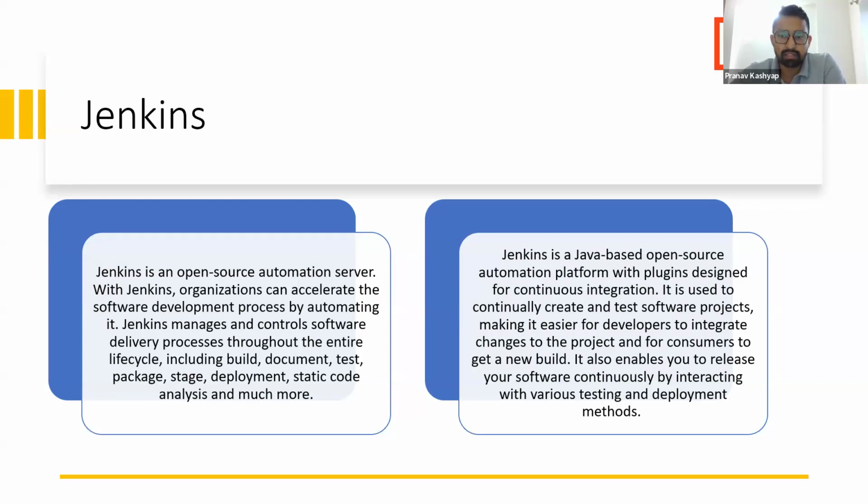It also enables you to release your software continuously by interacting with various testing and deployment methods. When I'm talking about methods, I'm talking about environments, where you have a dev environment, a test environment, a UAT environment, or a prod environment. All those things are automatically done by Jenkins.